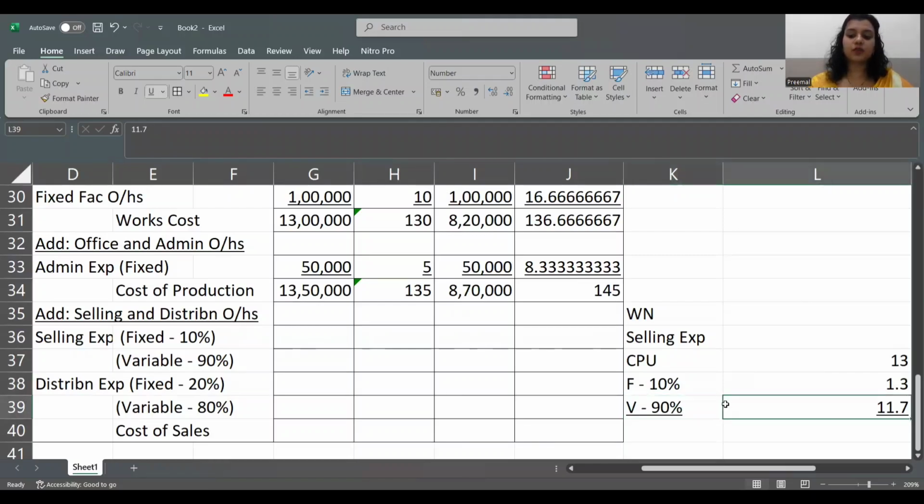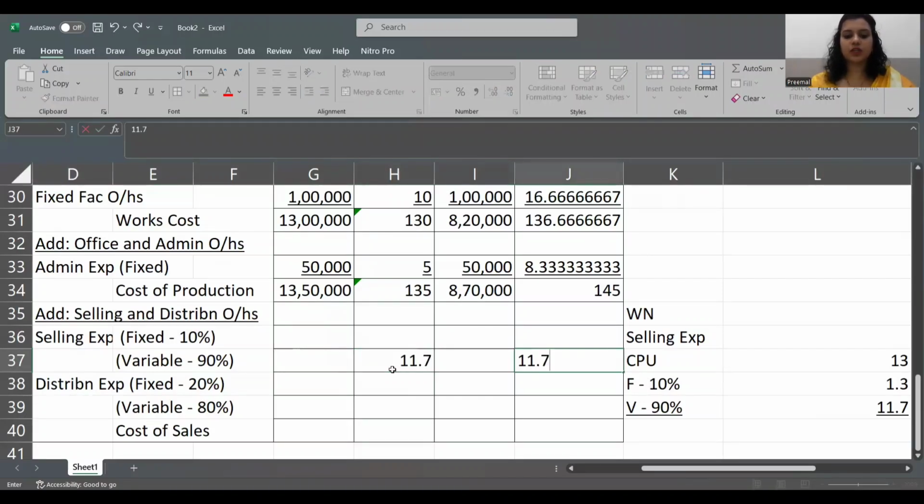Now we know that the cost per unit when it comes to the variable cost will remain the same irrespective of the levels of production. So under selling expenses for variable, I'm going to mention 11.7 as cost per unit for both the columns. And according to my 10,000 units information, they've said fixed comes up to 1.3 as cost per unit. But that's going to change for the next set of units because we don't know the amount we need to find out.